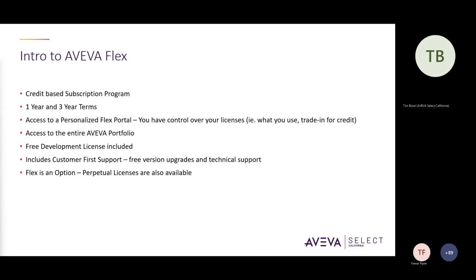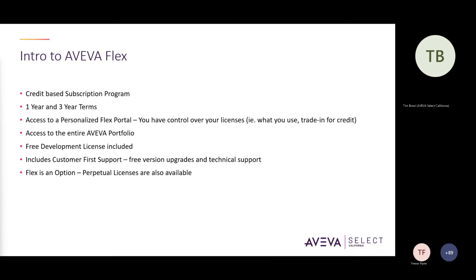It's a credit-based subscription program. It offers options for 1-year or 3-year term subscriptions. It offers access to the entire AVEVA portfolio, so everything that was on Perpetual is available on Flex. With every Flex contract, this is one of the benefits, you get a free development license included.